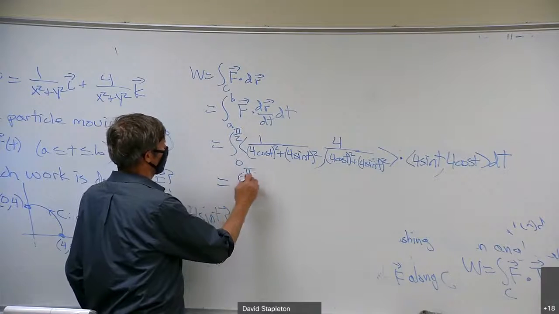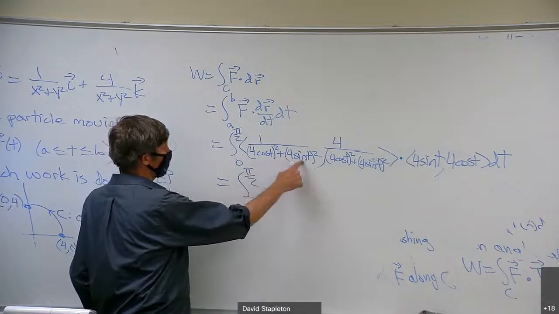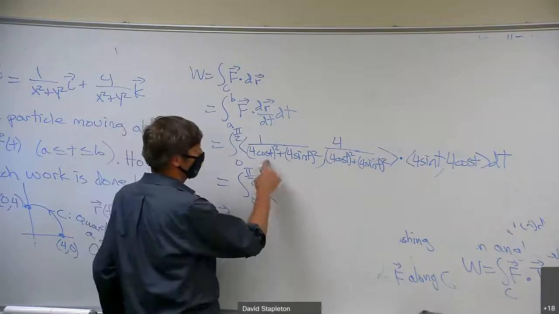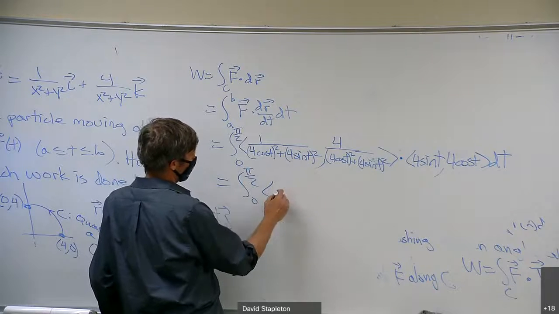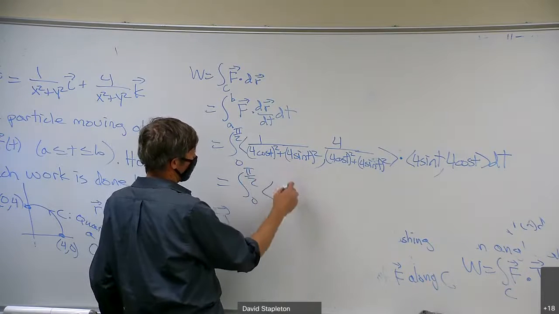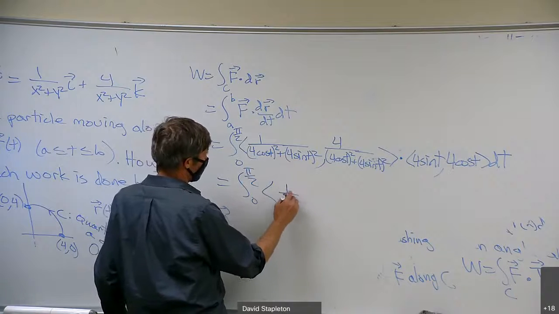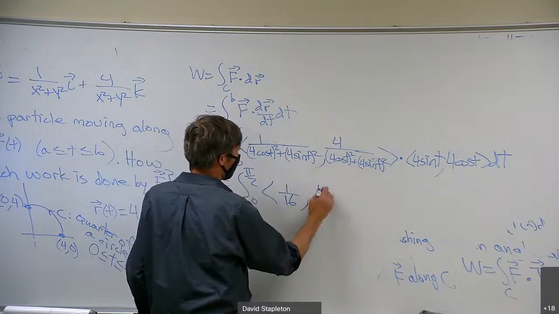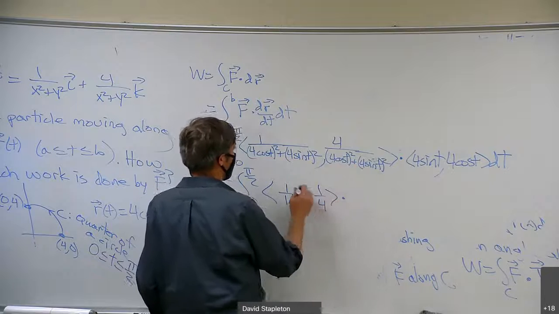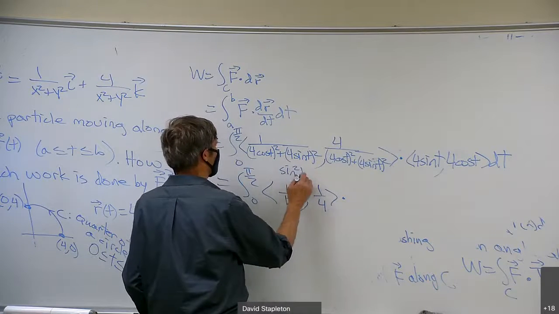What's 4 cosine squared plus 4 sine squared? 16 cosine squared plus 16 sine squared is 16, since cosine squared plus sine squared is 1. So this is 1/16, and this is 4/16 or 1/4.